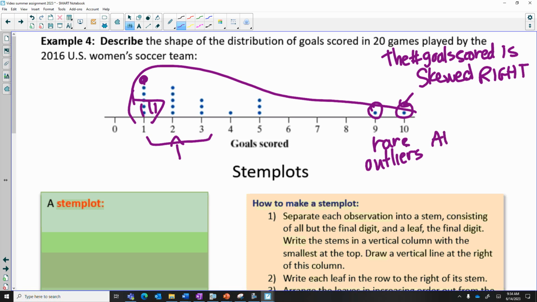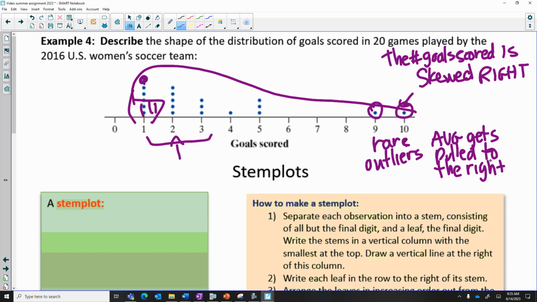The average gets pulled to the right or in the direction of the skew. So it is skewed right because the average is going to be pulled up. So maybe they would say the average number of goals scored is 5, and you'd be like, oh, they must be scoring 5 goals per game. And in reality, they're really scoring like 1 to 2 goals per game, but the average got pulled up because of that 9 and 10.